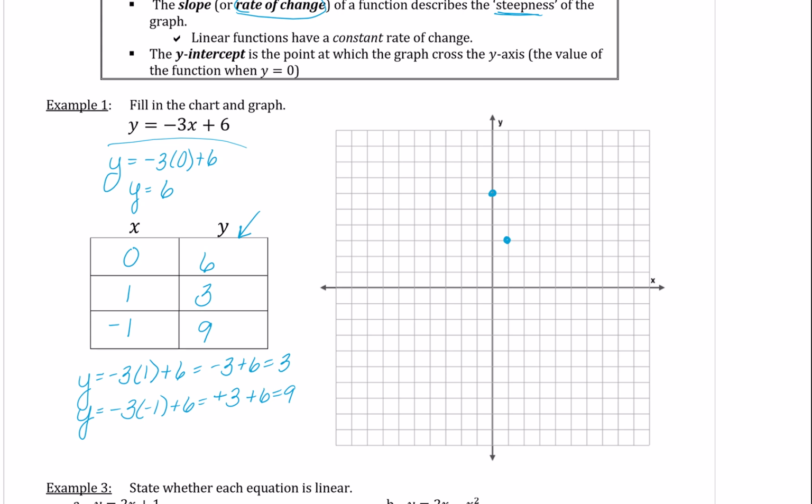And (-1, 9) is -1 on the x-axis, and up 9. So we have our 3 points. We learned in geometry that we really only need 2 points to make a line, but for this part, we're going to do 3.